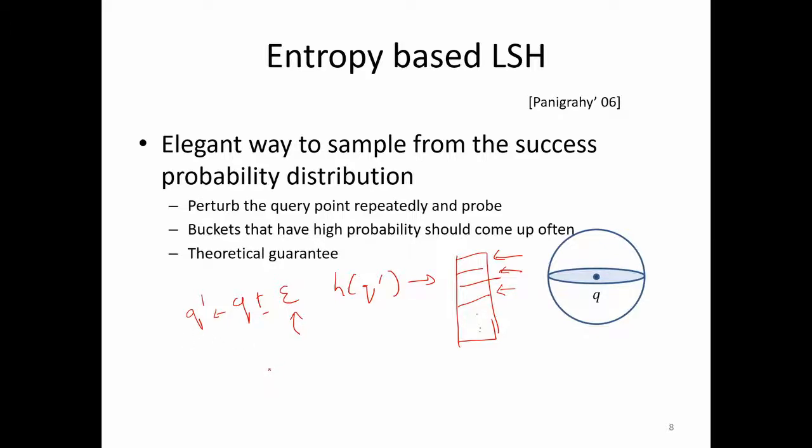Another way of thinking about it is that in the traditional LSH you had only one probing bucket. Now you have many probing buckets which you probe, and you think that all points in these buckets are points which need to be retrieved.